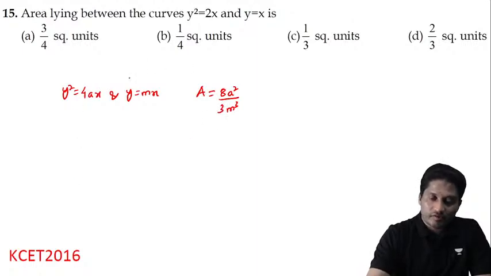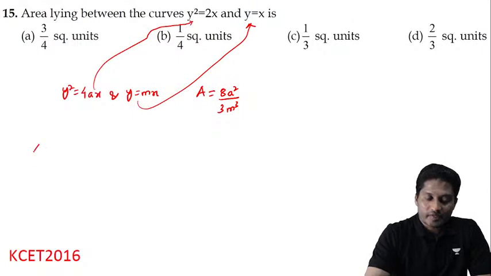Now this is of the form y square is equal to 2x, compare: 4a is equal to 2, right? And m is equal to 1.